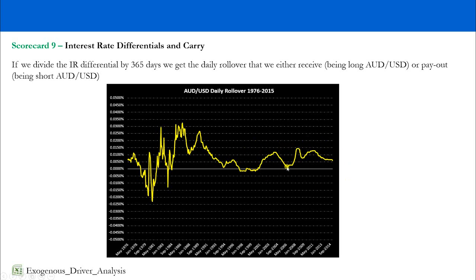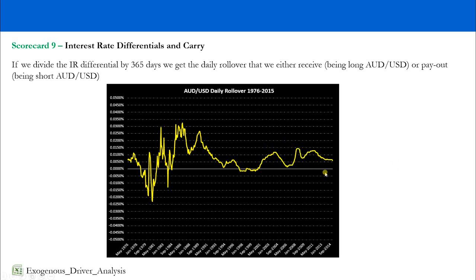And when the carry is going in the direction of widening, so interest rates in Australia are going up faster than the United States, so the gap is widening, it becomes more attractive to be long.